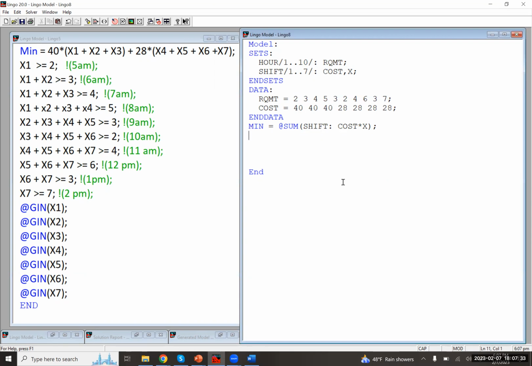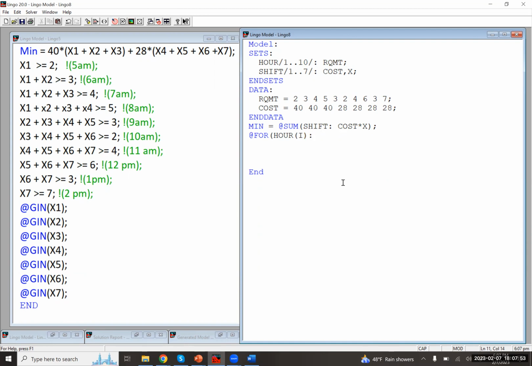Okay, so let's do that. For each hour, I'm going to put hour and use subscript I, okay?